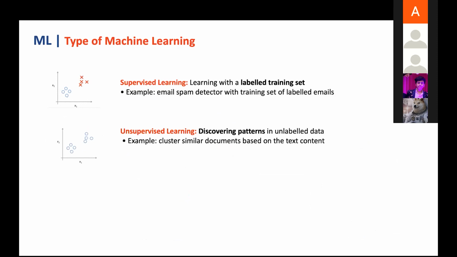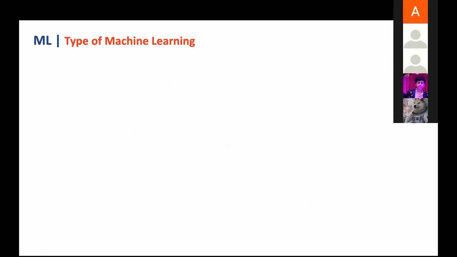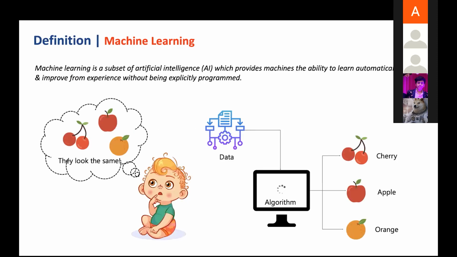Second is unsupervised learning. In unsupervised learning, we discover patterns. Let's say now, through experience, we have grown up and are in the 10th or 12th class.